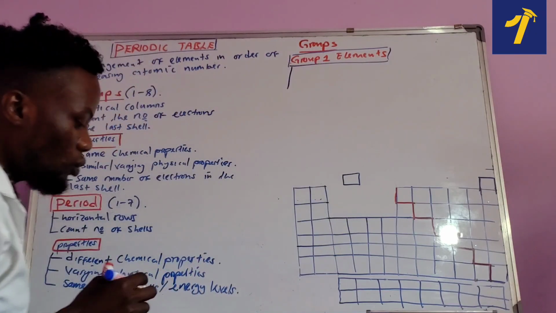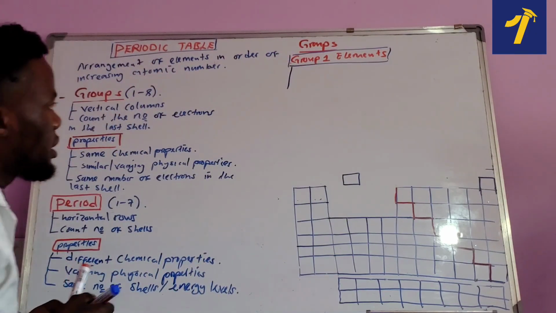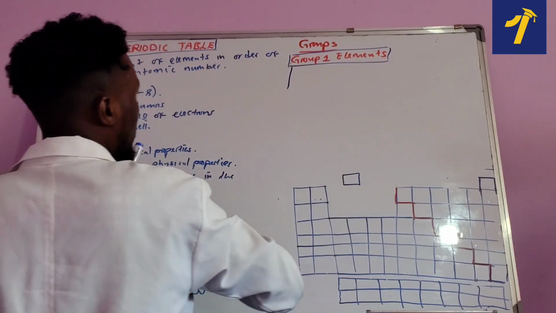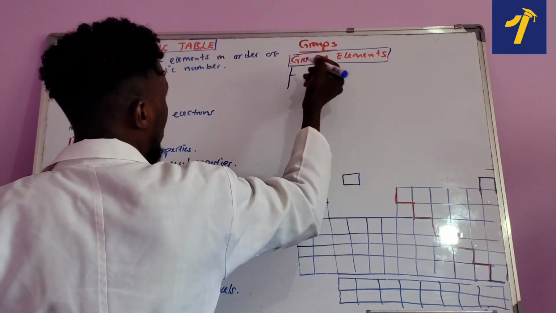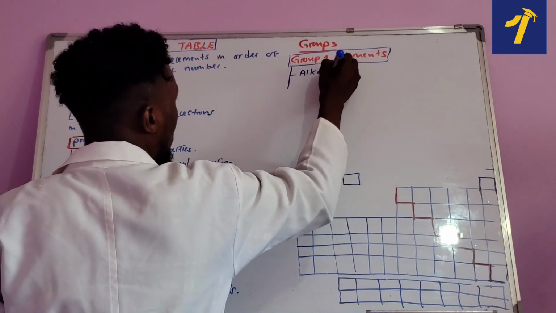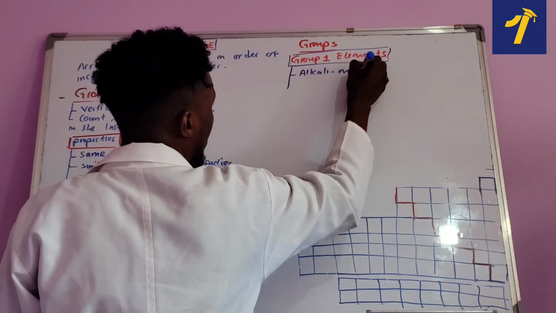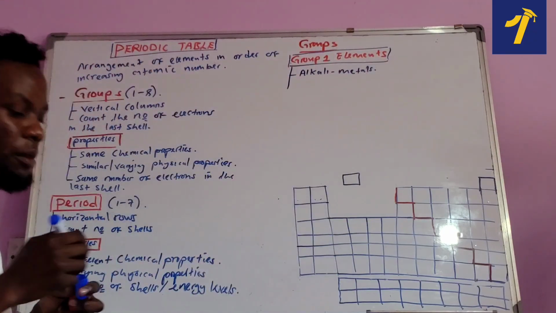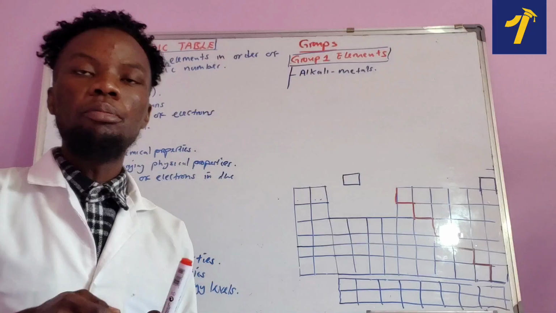Group 1 elements, what is the other term that they use? The other term for group 1 elements, we call them alkali metals. So group 1 elements are also called alkali metals.